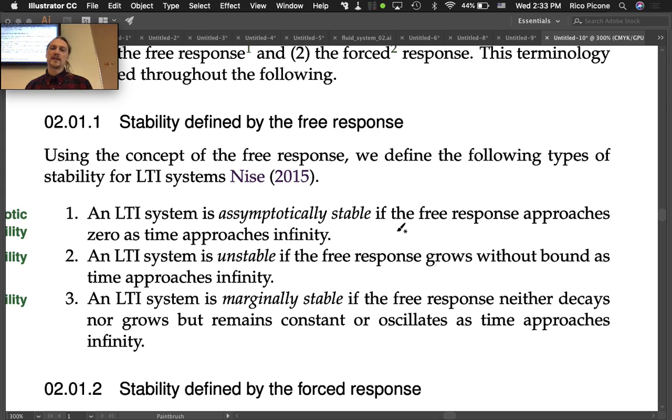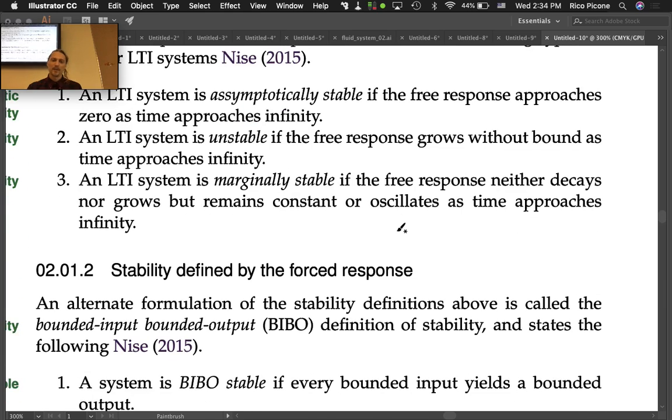It's marginally stable if the free response neither decays nor grows, but remains constant or oscillates as time approaches infinity. So that's the case of having, say, a spring mass, no damper system, and you just let it go, it'll just oscillate back and forth forever. That would be marginally stable. Neither grows nor decays in amplitude.